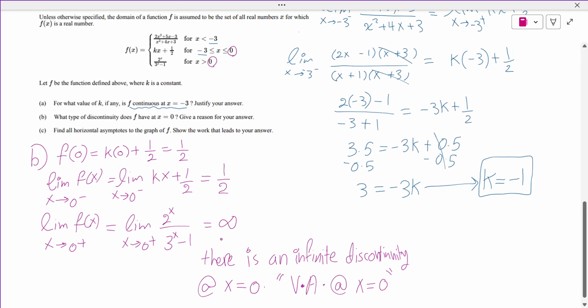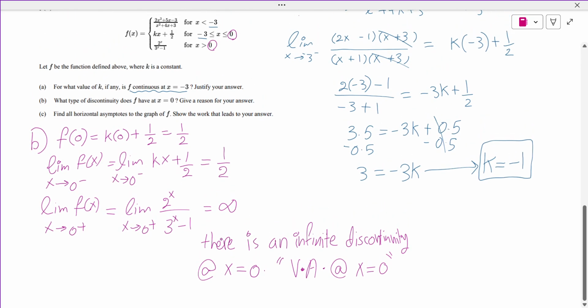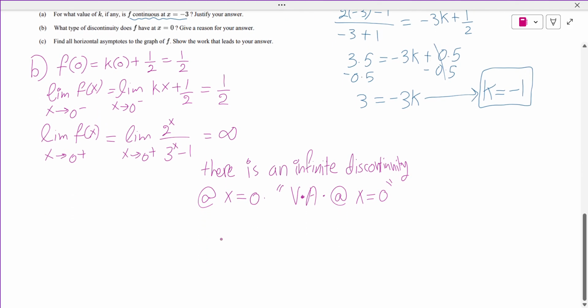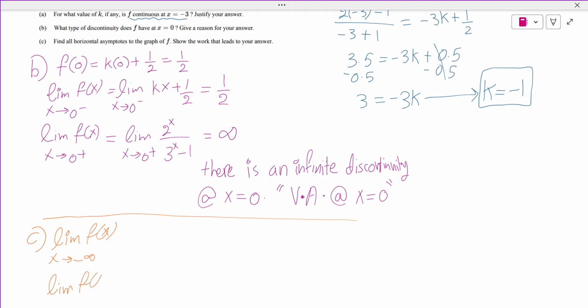The third part is find all horizontal asymptotes to the graph. Finding the horizontal asymptote, as we discussed in the previous video, is done by finding what? The limit of the function as x approaches minus infinity and the limit of the function as x approaches positive infinity.